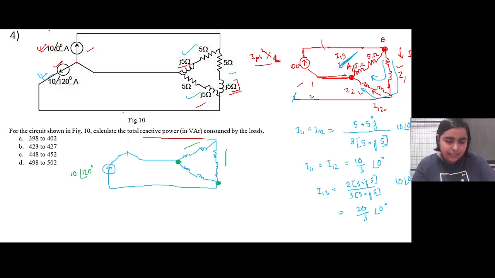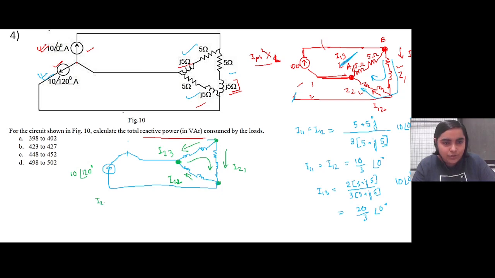So again, let us assign the currents here. Let this one be I21 and let this current be I22, because of the second source in the first branch, second source in the second branch, and second source in the third branch. So in this case, I21 and I23 are supposed to be the same, the current flowing through the same branch, but they are assigned in different directions.